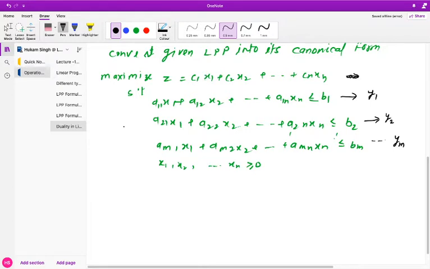Okay, so let us do it. The dual: if the primal is maximization, then the dual is going to be minimize z prime equals.